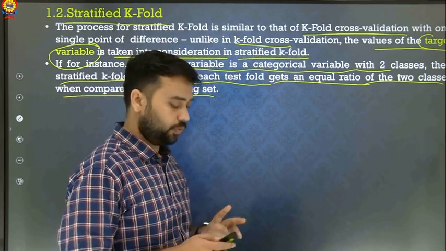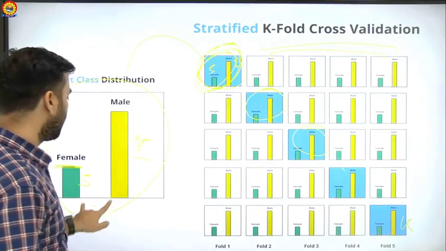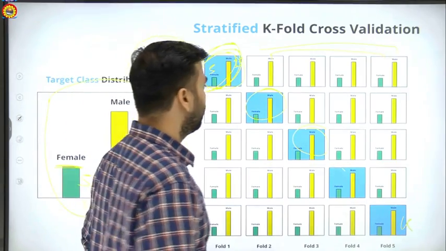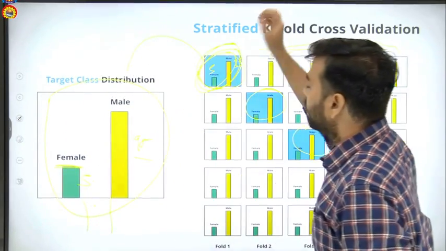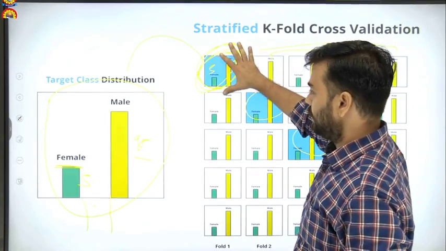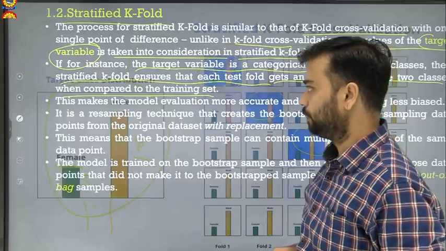So we manage the ratio also. If we require the two classes in the target value, then we sample in equal ratio to the training set and the test set data. So we maintain the target class attributes also.